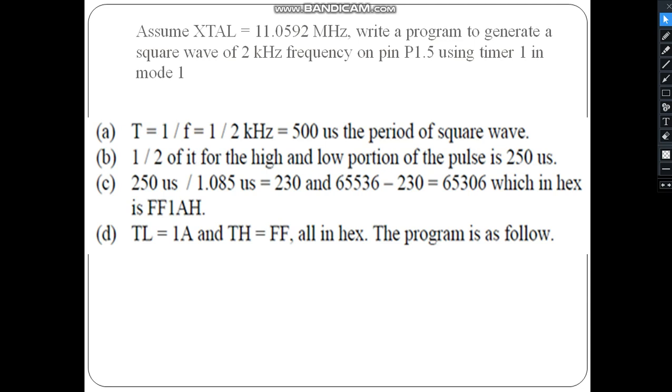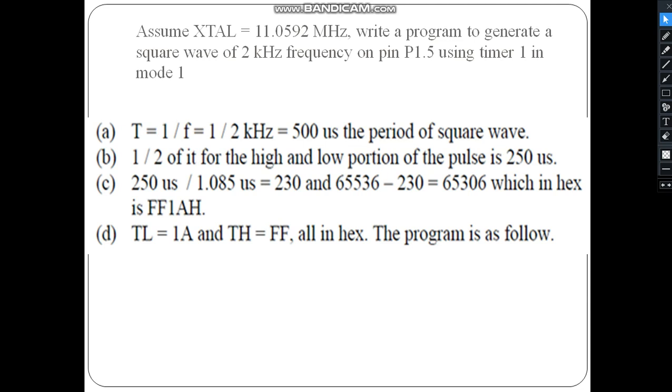A square wave has a logic high as well as a logic low signal, so both have to be generated. Taking the inverse of 2 kHz, you get the time period as 500 microseconds. This 500 microseconds is the total time period of the square wave. That means for 250 microseconds a logic high signal has to be generated, and for another 250 microseconds a logic low signal has to be generated.